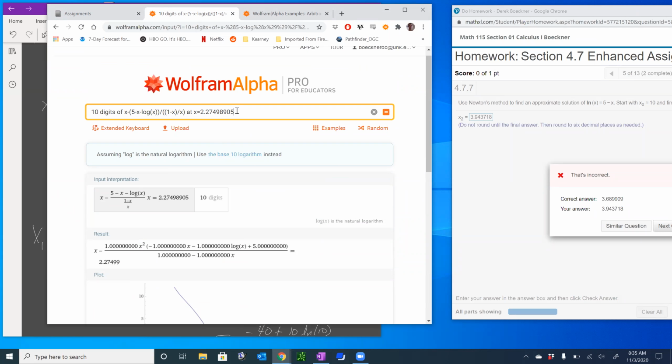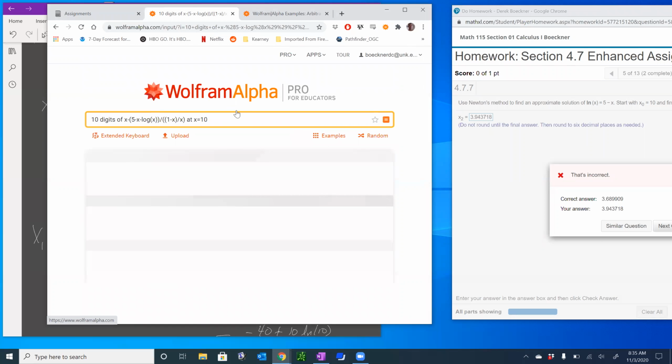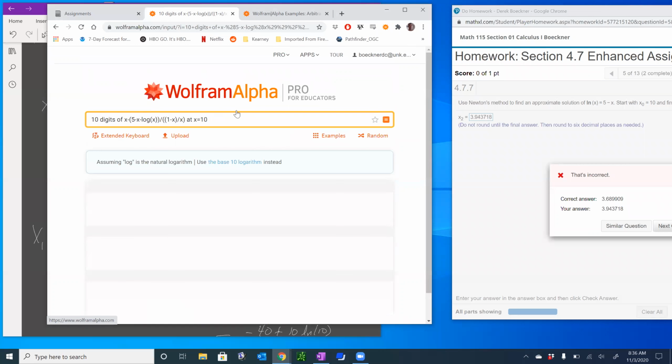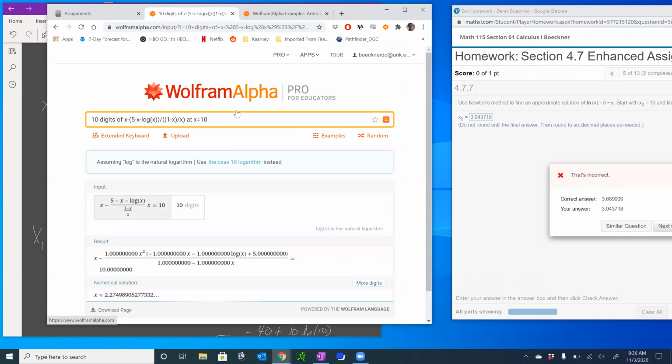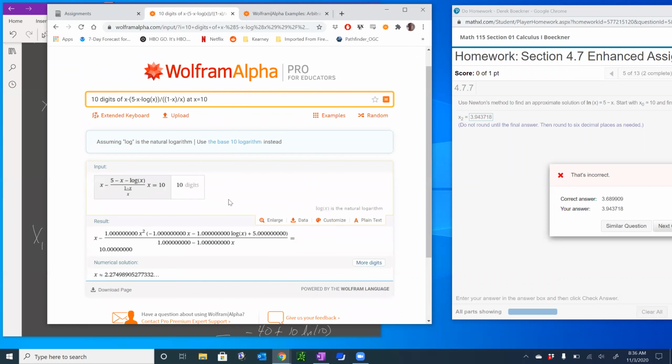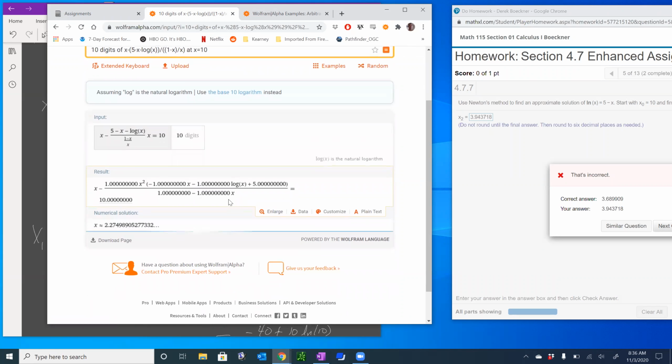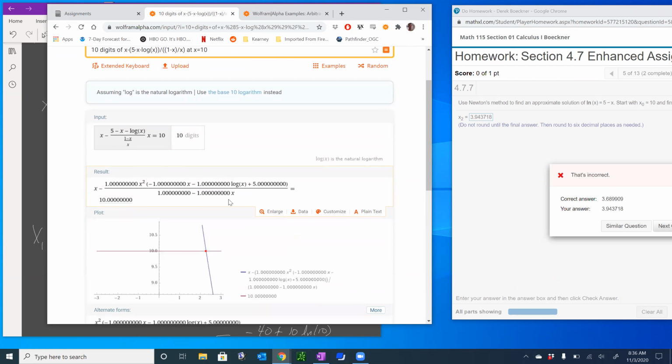Do not round until the final answer, then round to 6 decimals. The 3-6 was the one that we actually tried to solve and trick it, but that didn't work.